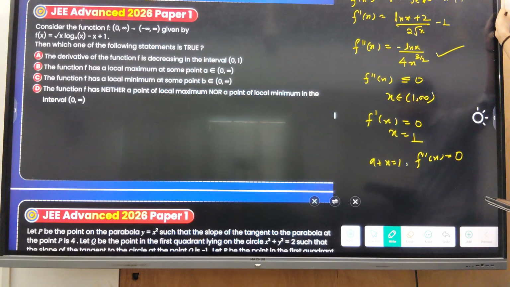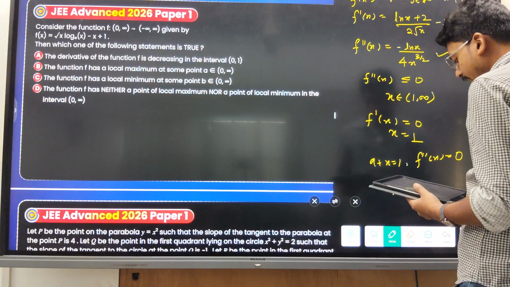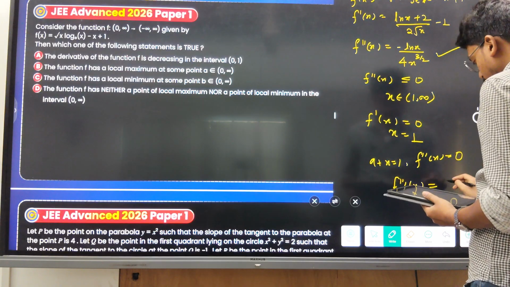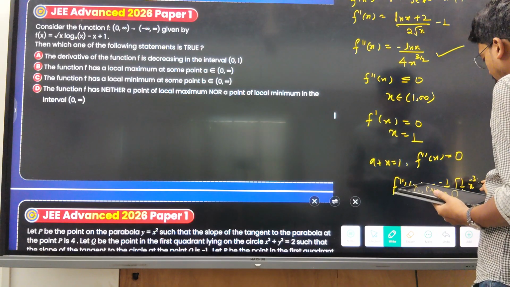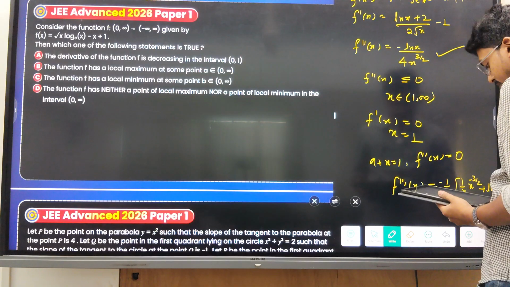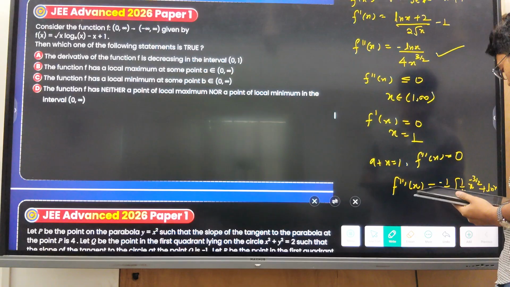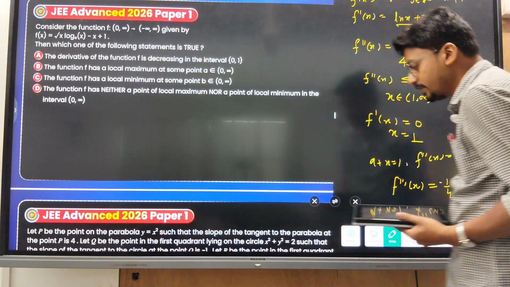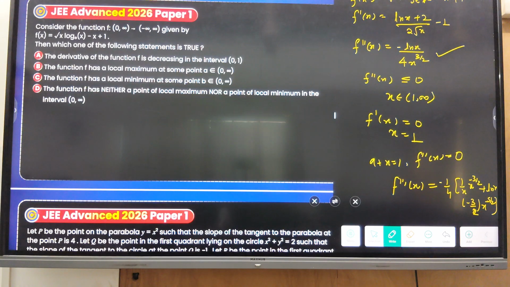So we have to go further to f'''(x). So f'''(x) we get is −(1/4)[(1/x)·x^(−3/2) + ln x·(−3/2)x^(−5/2)]. This is the function we get for f'''(x).